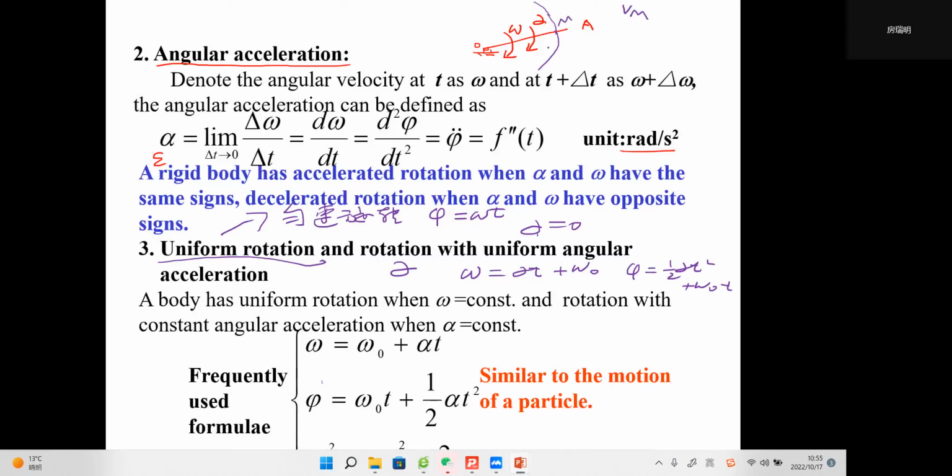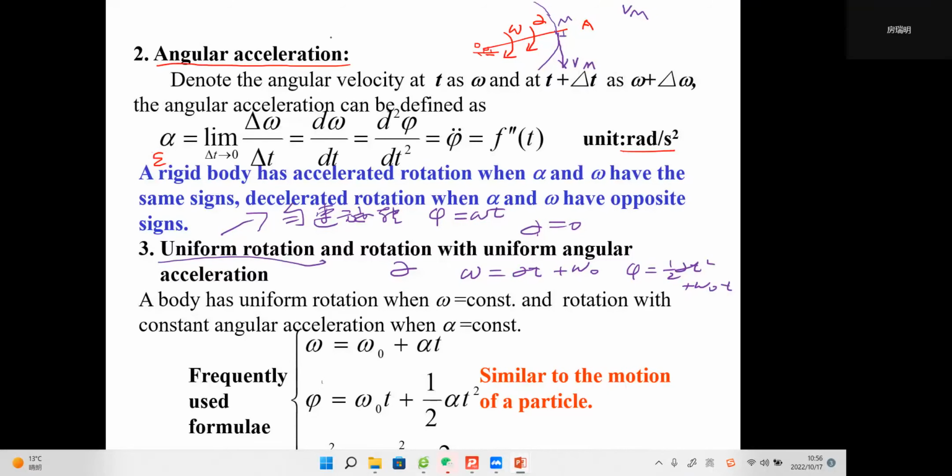The direction of VM is the tangent line here. This is VM, right? Without drawing the trajectory, you first link OM, then from this point M, along the direction of omega, you fold MA by 90 degrees.